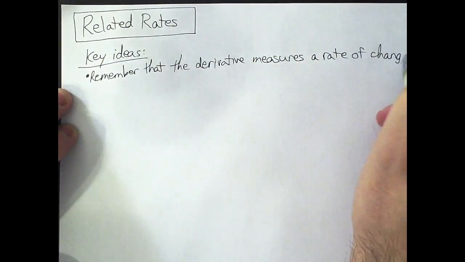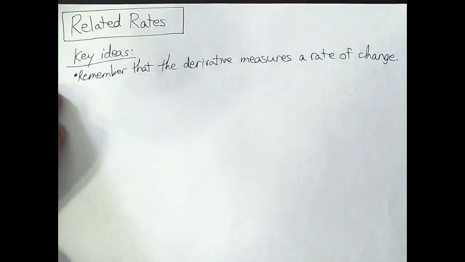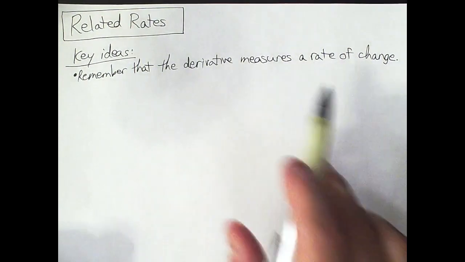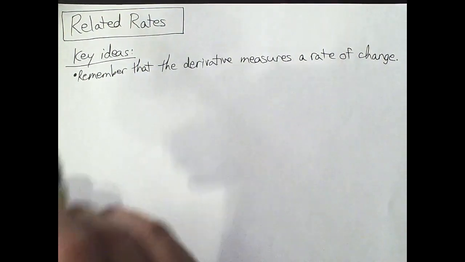We should all know what that means by now, but the derivative is telling us the slope of the tangent line, and when we originally introduced the derivative, it was because we were trying to measure the slope of a curved line and figure out, what is the steepness of a curved line. Visually, that's what it looks like, but you can also think of it just as how fast is the function changing. So it's the rate of change for a function.